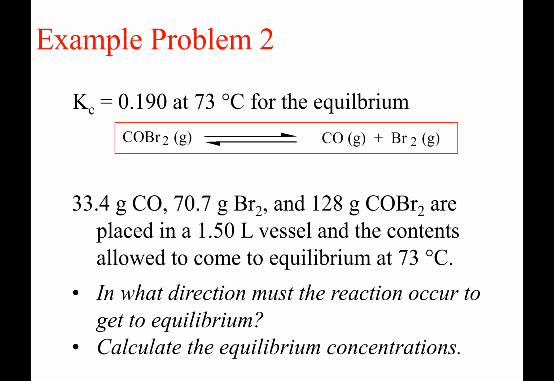That's important, like I said a few slides ago, because you need to know whether you're going to be subtracting x or adding x in your change row. Once we've done that, I'm going to use the ICE table approach and knock out the equilibrium concentrations.